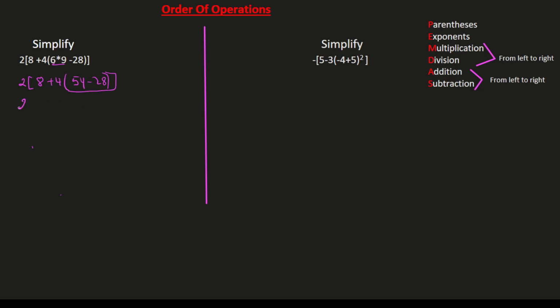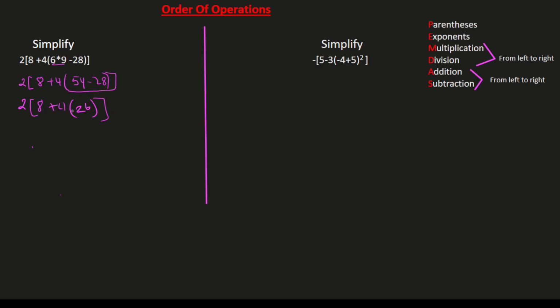And you get a 2 here, 8 plus 4, factor 54 minus 28 is 26. Okay, and now we're done with those parentheses. Now we have multiplication here, but not quite yet because we're not finished with this.